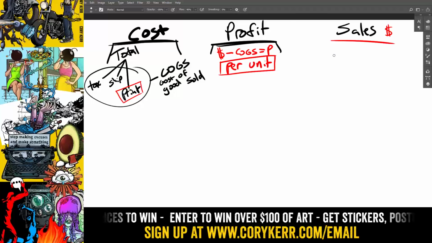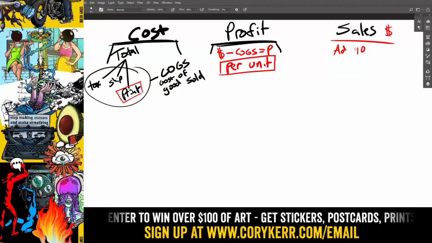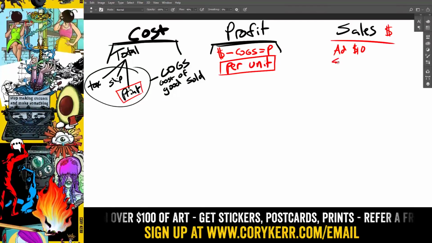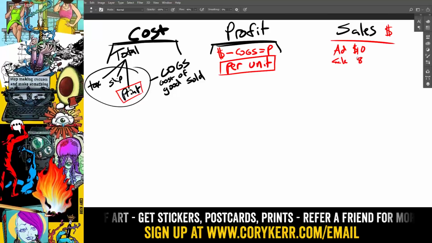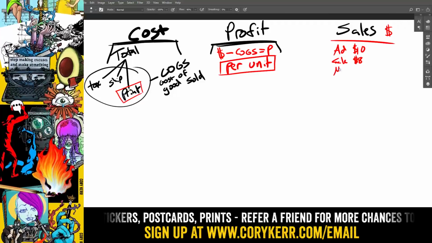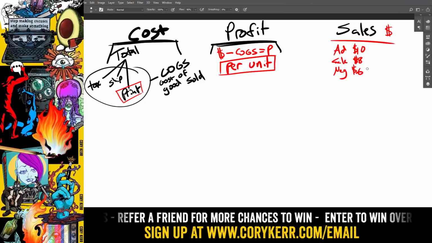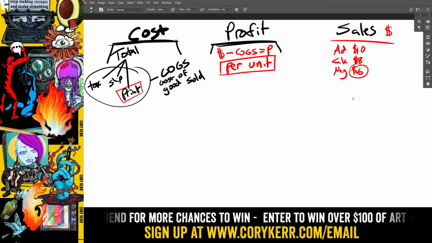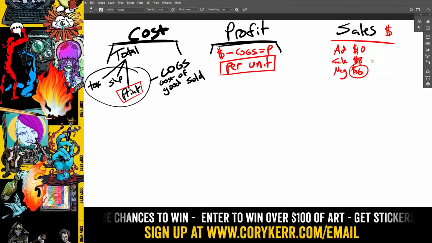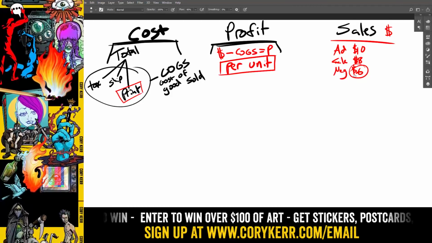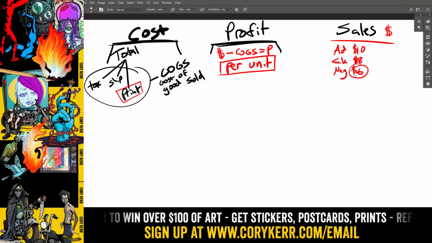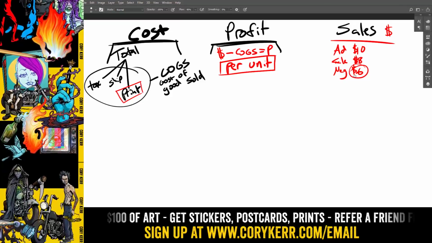So if it's advertised for $10, but it's on sale for $8, and you negotiate for $6, and the $6 is actually what somebody paid for it, that's the sale price. That's how much it actually sold for.